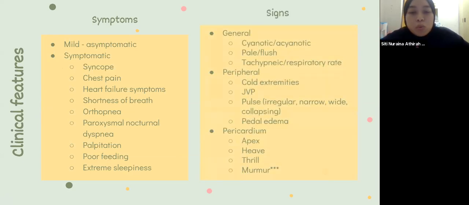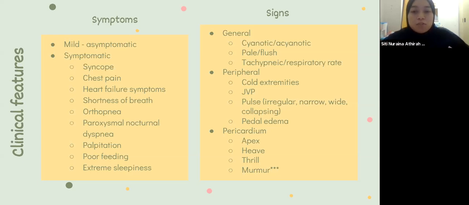Okay, so what are the clinical features in physical examination? The signs, we can go step by step. Generally, we can look at the patient, whether they are cyanotic or acyanotic, because it will decide our acute management of the patient. Next, we also need to look at the patient's face.